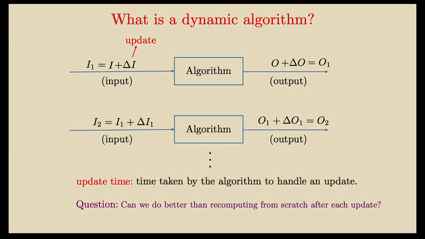Just simply run a static algorithm from scratch after each update, and that gives you an update time that is the same as the running time of the static algorithm. But can we do something significantly better than this naive approach? And this is the question that lies at the heart of any dynamic algorithms problem. And you can see that you can ask this question in the context of any computational problem.